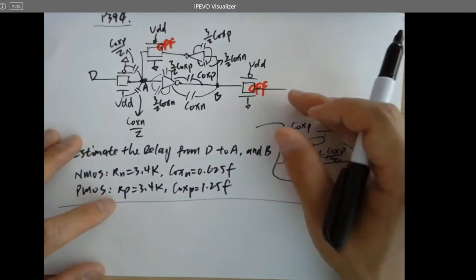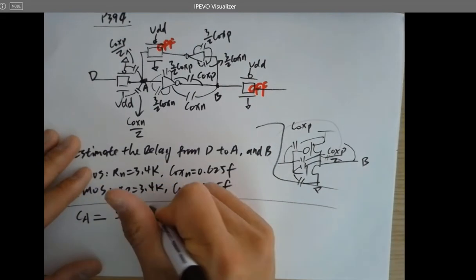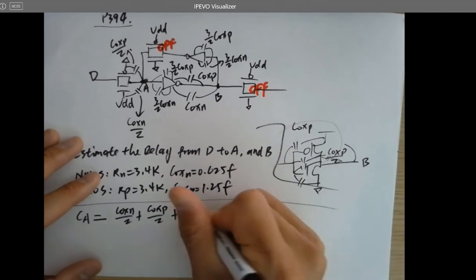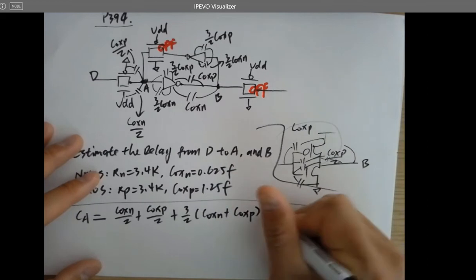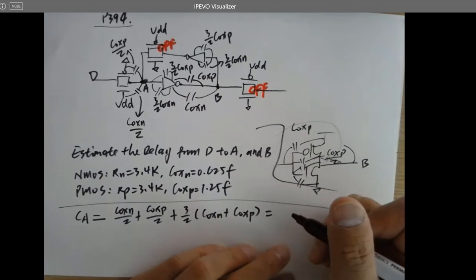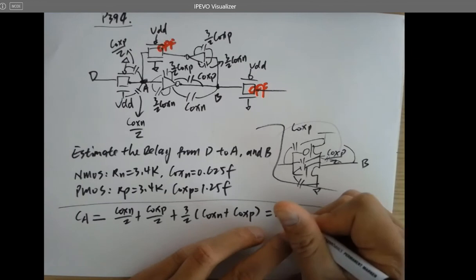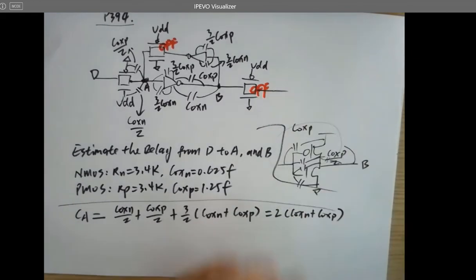Which is a half Cox N plus a half Cox P plus 3/2 of Cox N plus Cox P, which is 2 times Cox N plus Cox P, right?